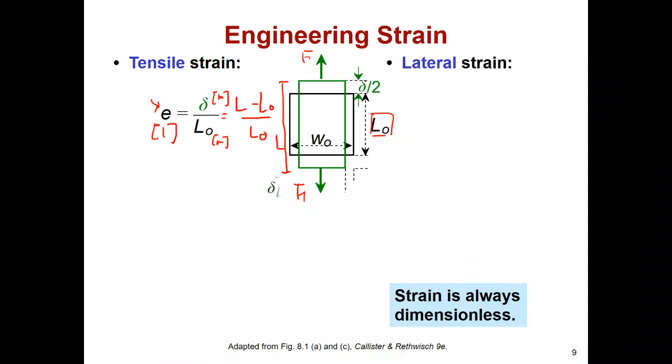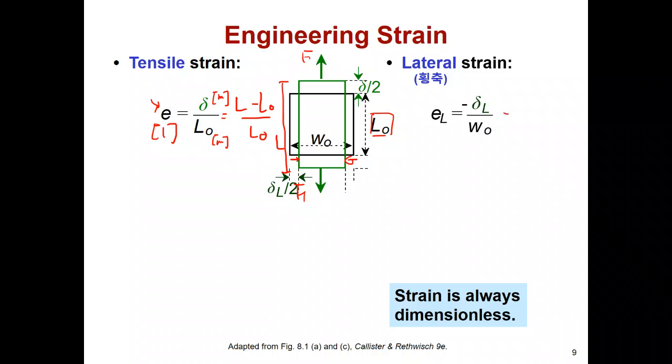Lateral strain means that when a solid deforms, due to volume conservation, the lateral direction must shrink. So we can also check those kinds of lateral changes of the solid material.